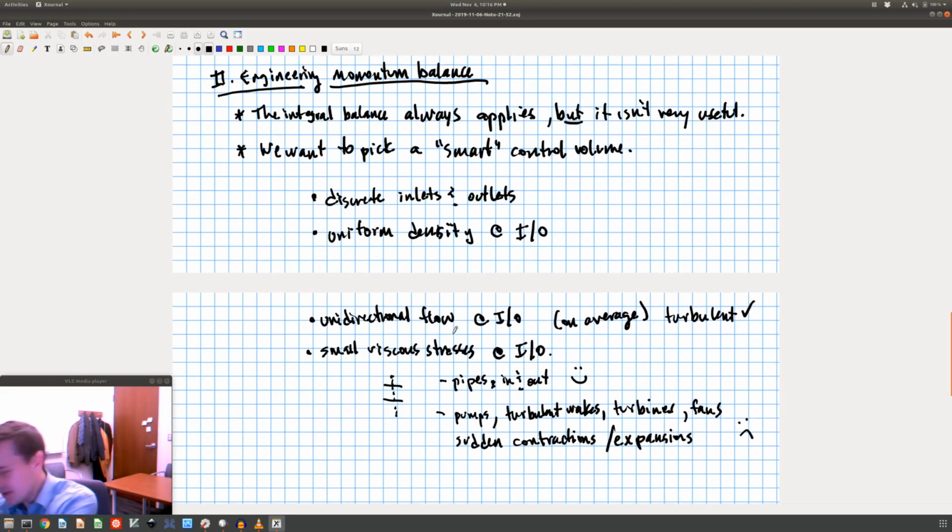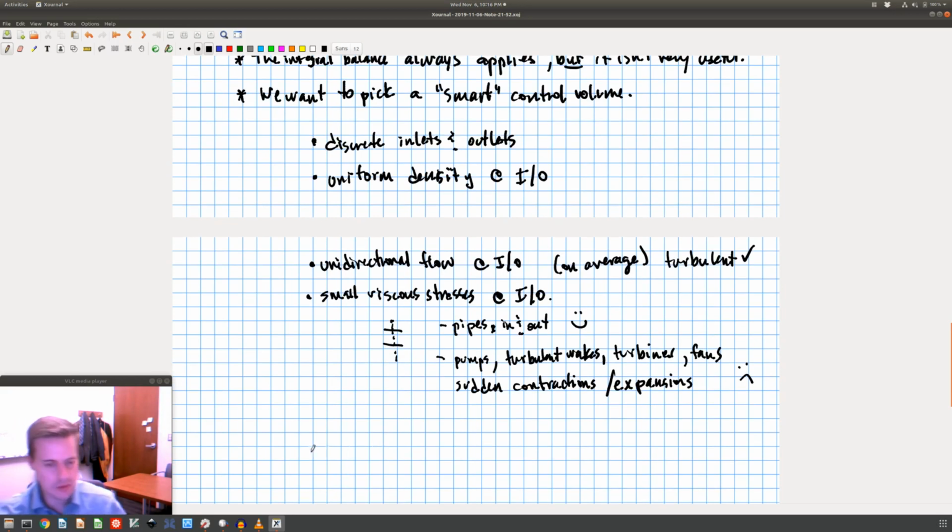And then the last assumption that we'll need, assumption number 5, is a fixed control volume. So if I have these 5 cases, I am going to get a much simpler momentum balance. These 5 will lead to the engineering momentum balance.